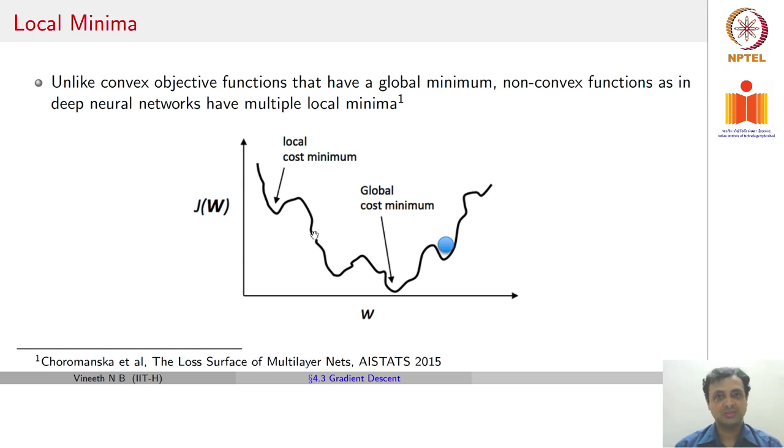One of the major problems when you have a non-convex objective function is that you're going to have many local minima, which means the solution that you finally converge to after applying gradient descent is going to depend on where you start. Depending on where you start, that's going to decide which local minimum you're going to converge to.